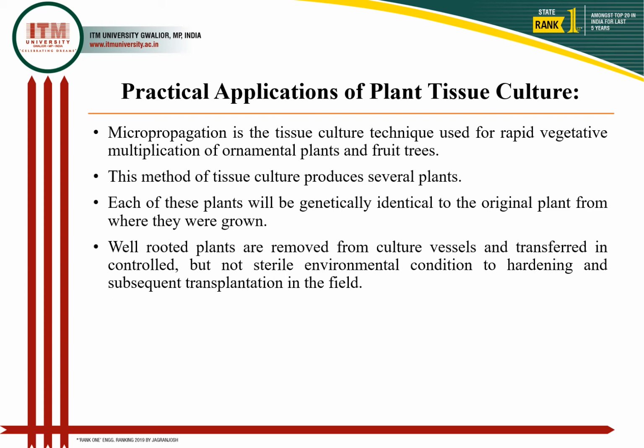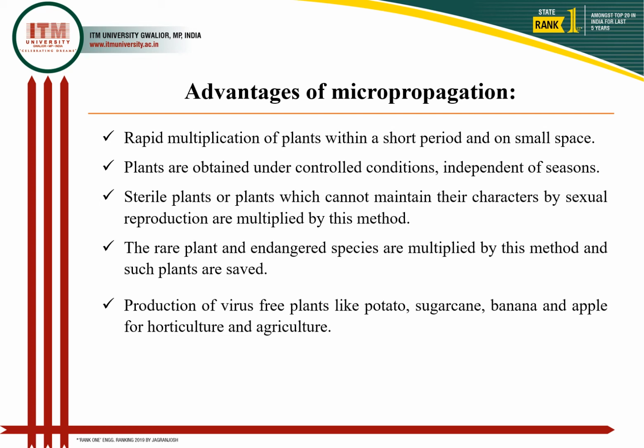The tissue cultured plants can be taken out from the culture, grown in controlled conditions and further hardened for transplantation. What is the advantage of that? Rapid multiplication takes place within a very short time and a small space, and the plants are obtained under controlled conditions.